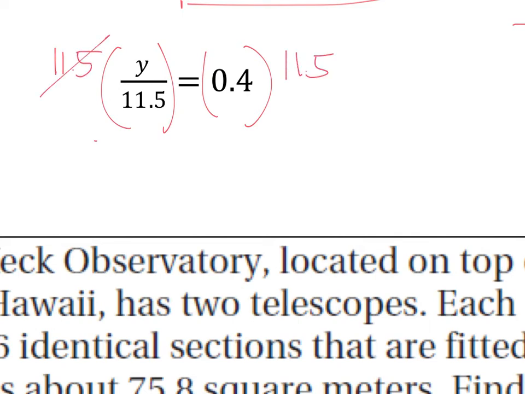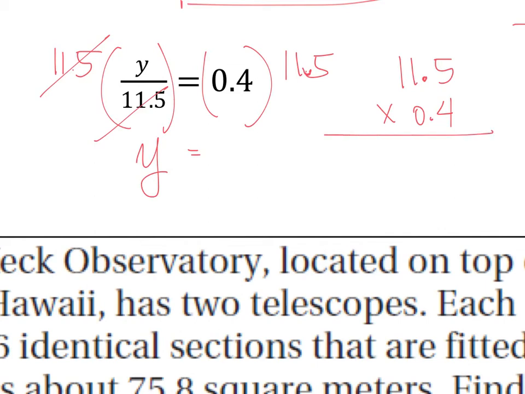So you can cancel out 11.5 to isolate the variable y. And now we need to do the math here. 11.5 times 0.4. Two decimal places, so shift 2 places to the left, 4.6.